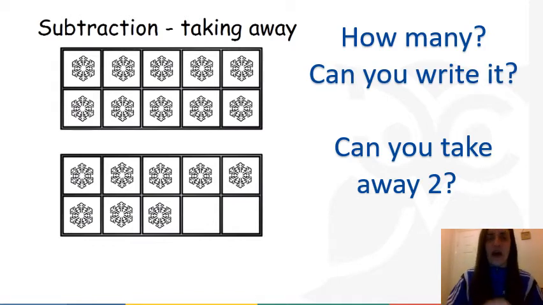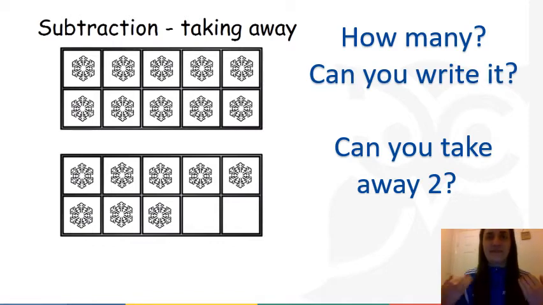Okay, let's have a look at our part whole models then. So how many snowflakes are in our part whole models? Have you counted them? If not, pause the video. If you have, let's continue.